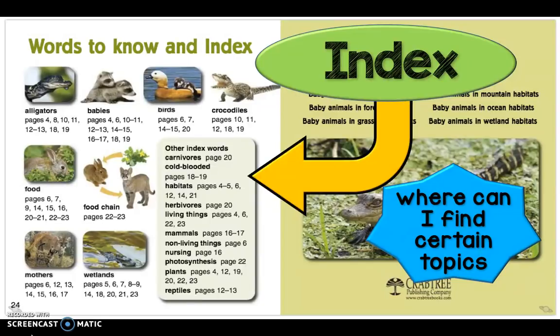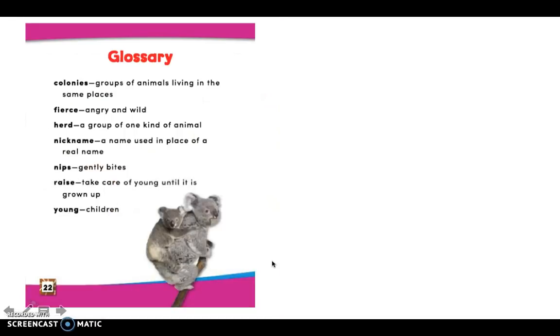Pause the video, figure out where I would find photosynthesis, and press play when you're ready. Did you find it? It's at the bottom. It's right here. Photosynthesis on page 22.